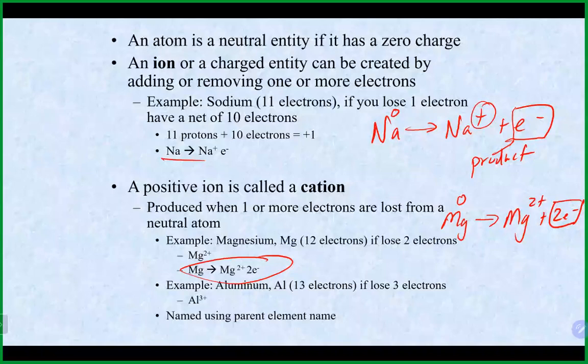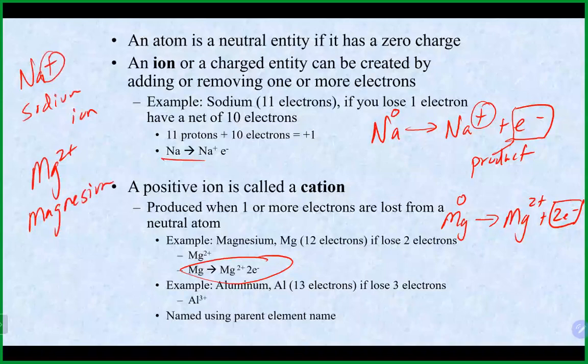If we wanted to name just the ion by itself, so if we had something like the Na+ ion and we wanted to give it a name, the way that we name cations is simply we just use the name. So this would be the sodium ion, and we typically put ion because it does have a charge. If we had Mg2+, this would be the magnesium ion because it has a +2 charge.